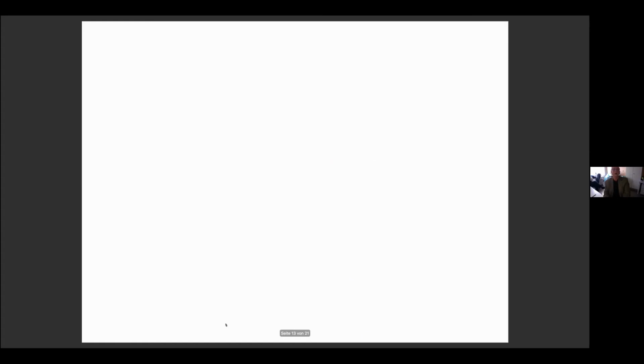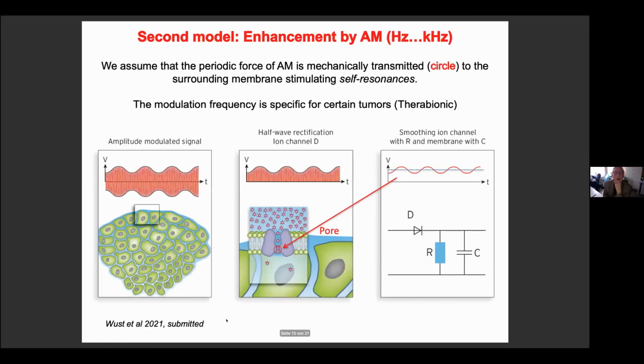But now we come to the second model. We have to understand why amplitude modulation can enhance the effect. Then we assume that the periodic force of amplitude modulation should be mechanically transmitted, look at the circle here, to the surrounding membrane, stimulating self-resonances.